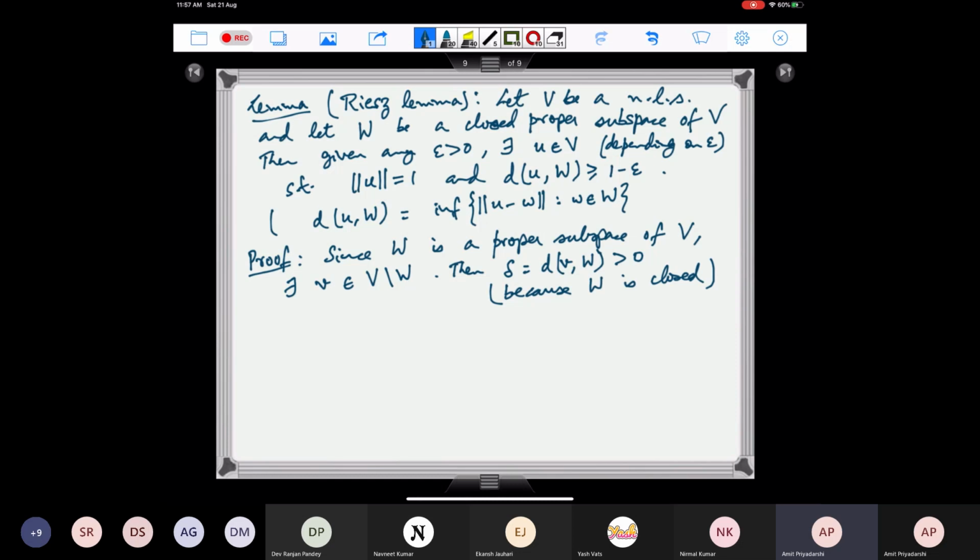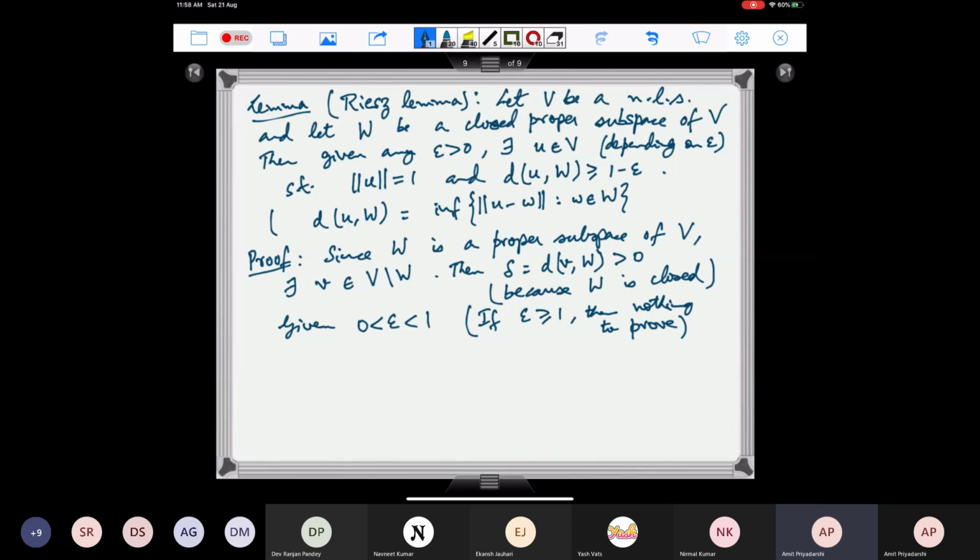Right, because the distance of u to W being bigger than or equal to 1 minus epsilon is true, as the distance of u to W is always bigger than or equal to 0. So that is trivially true.